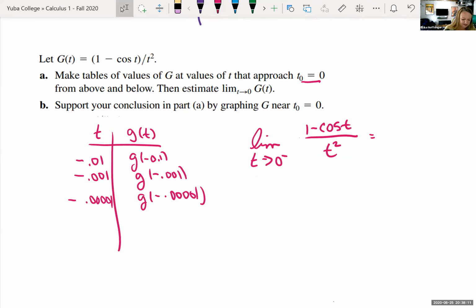I'm also going to have to make sure that this is the same thing as if I was plugging in values on the right of 0. So 0.01 is close to 0, 0.001, right?